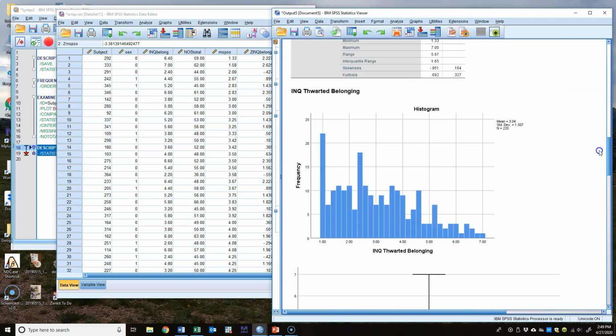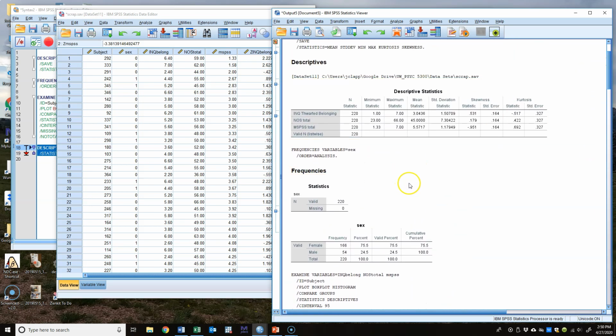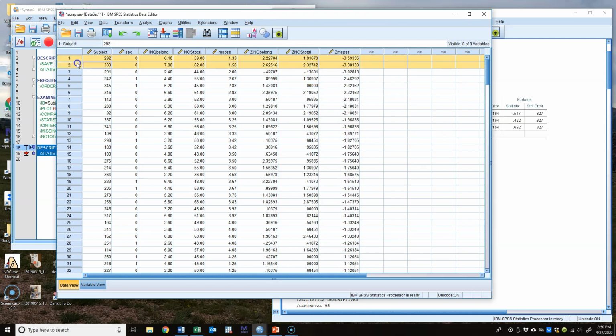Right? So if we go back up and reorient ourselves with the average for the sample for MSPSS, it's about 5.6. So these are a couple of individuals who are reporting very low levels of social support relative to the rest of the sample. Now, is it possible that people could report very low levels of perceived support? Absolutely.